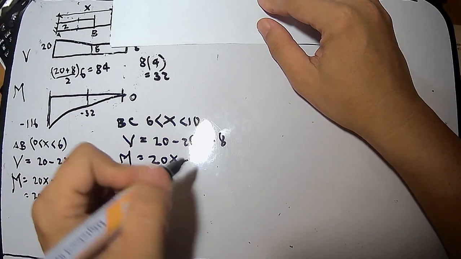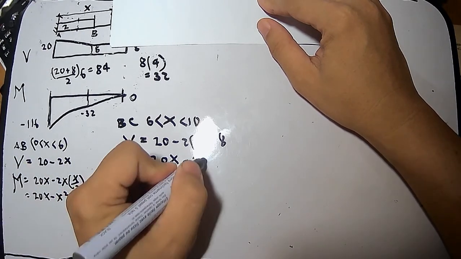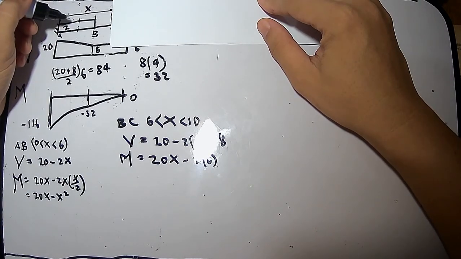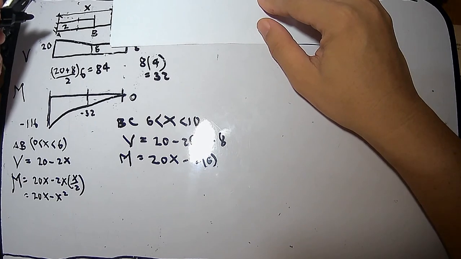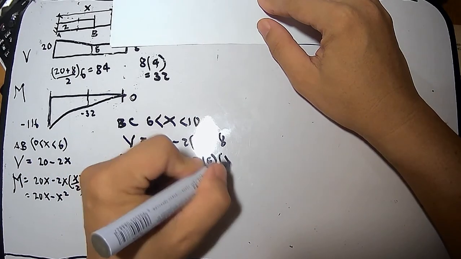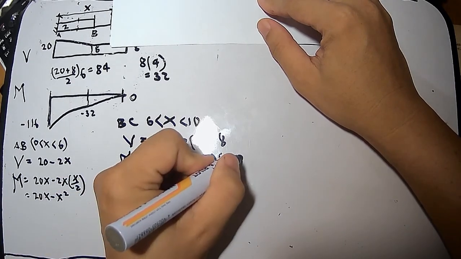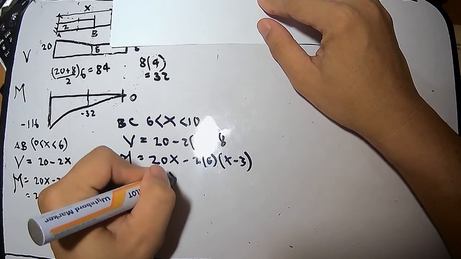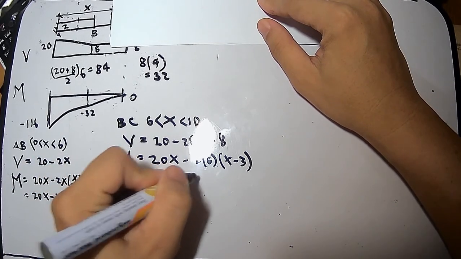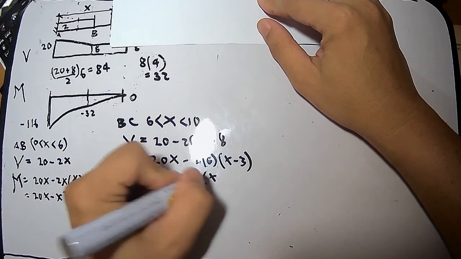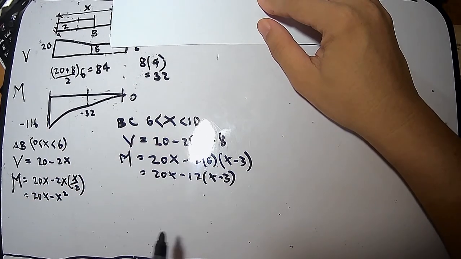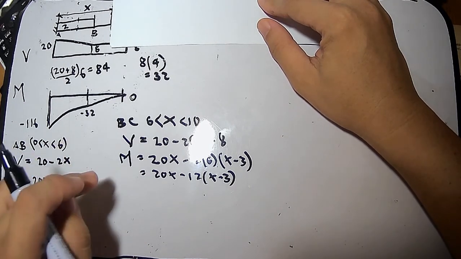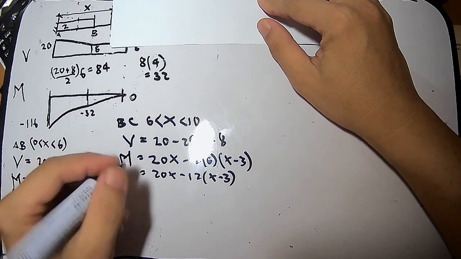Remember na 6 pa rin yan, minus 2 times 6. But what is its lever arm? Its lever arm is simply x minus 3. Okay? So that would give you 20x minus 12 times x minus 3. Yan ang equation mo ng moment due to left. Okay? So, this is moment left.